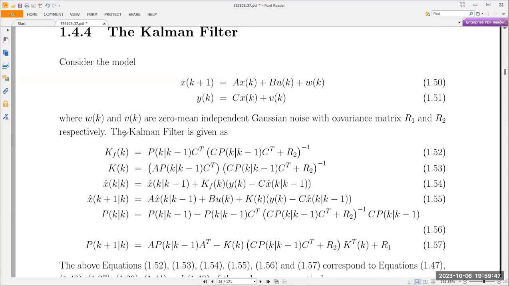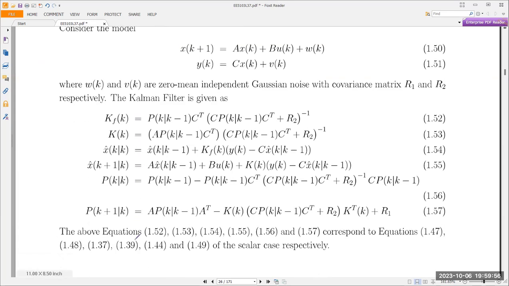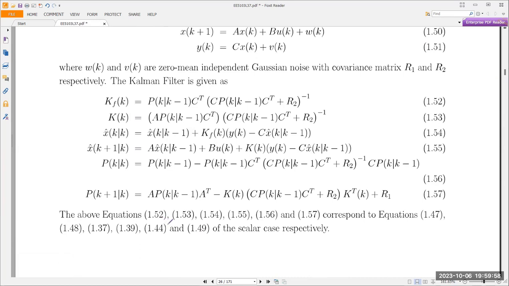The Kalman filter is given in many books. It is given in this equation here: 1, 2, 3, 4, 5, 6 equations. These 6 equations, which are 52, 53, 54, 55, 56, 57, are collected from 47, 48, 37, 39, 44, 49 in the scalar case, which means if you go back and look at 47, it is 52.